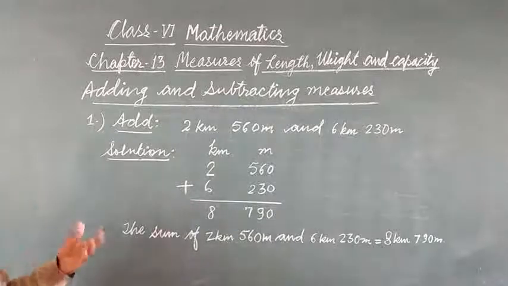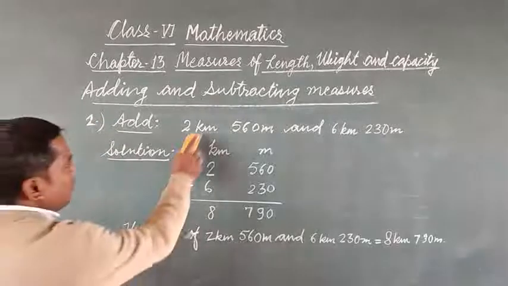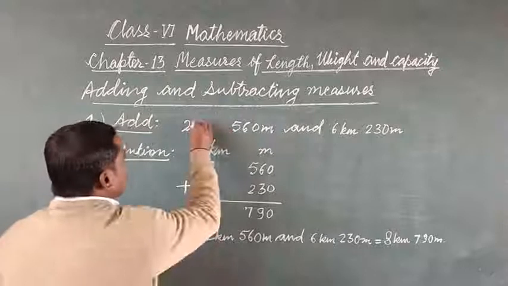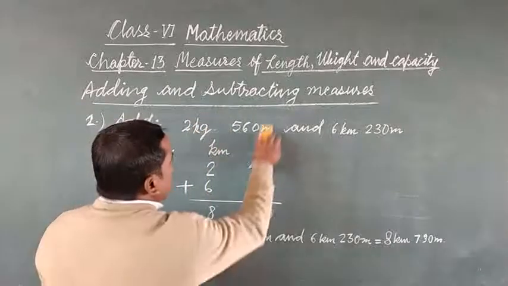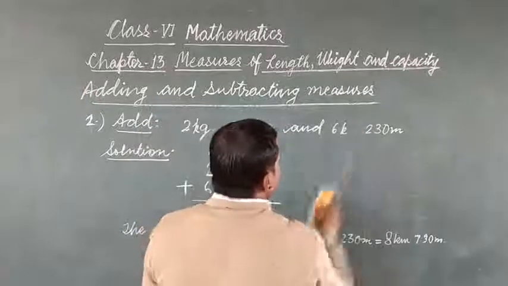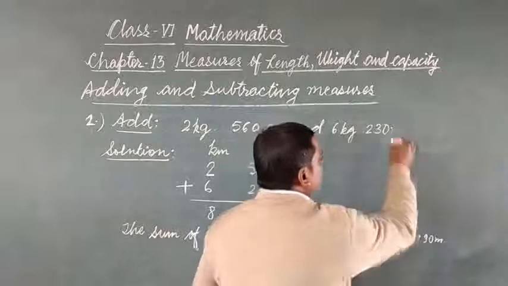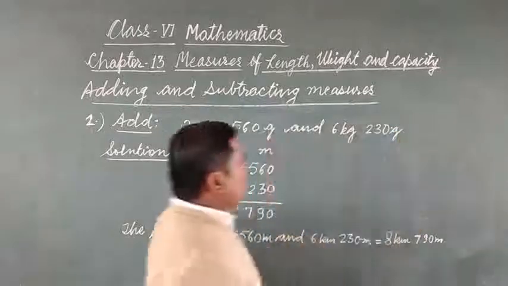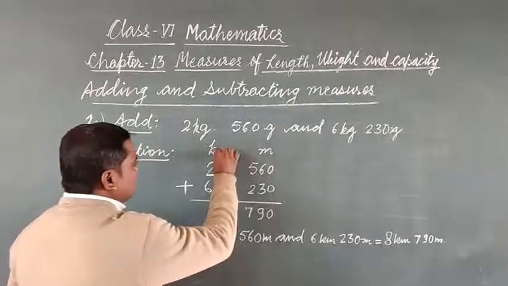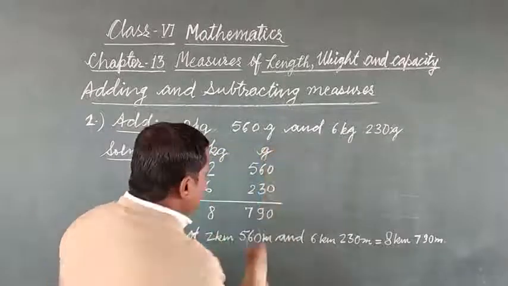In the same example, I am going to make a change to make you understand how to add two weights. Suppose here we take 2 kilogram and here it is gram. Then how to add? We will write here kilogram, here gram, and we will add.